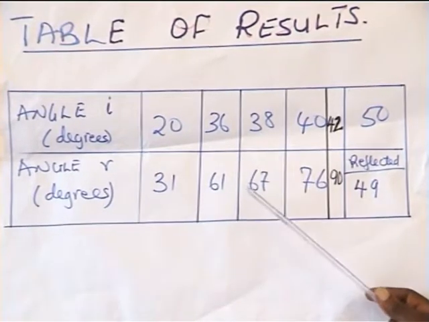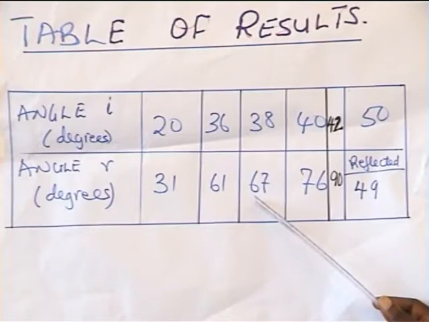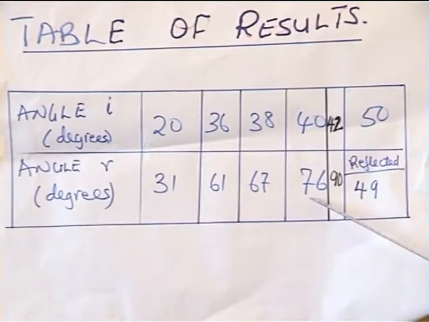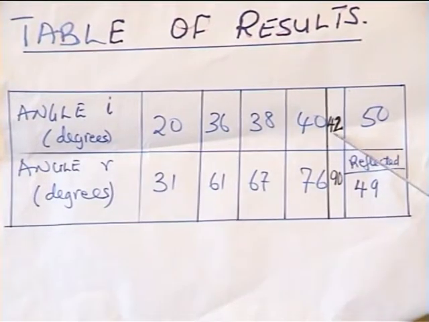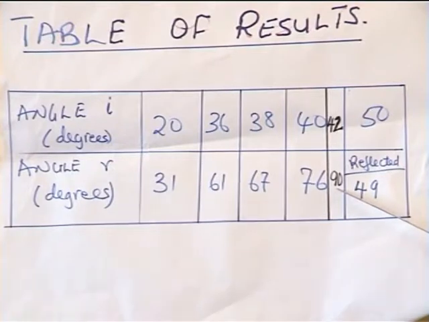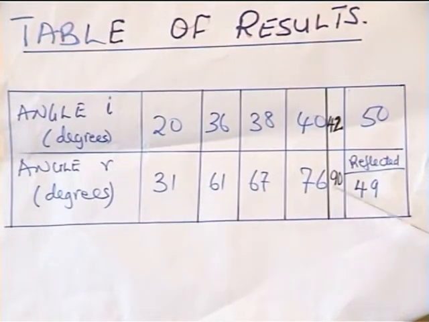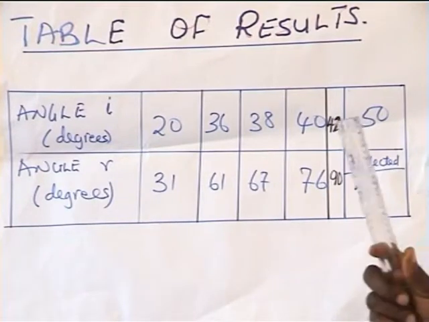For 38, refracted is 67. For 40, that of refracted is 76. For 42, that refracted is 90, which was parallel to the two media. And when it was 50, there is no refracted ray.